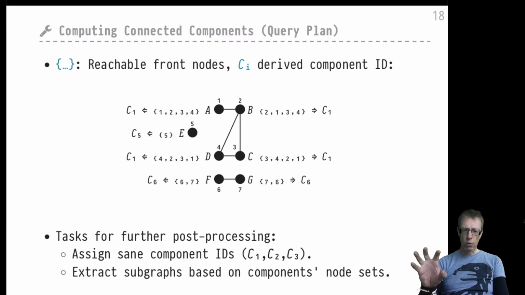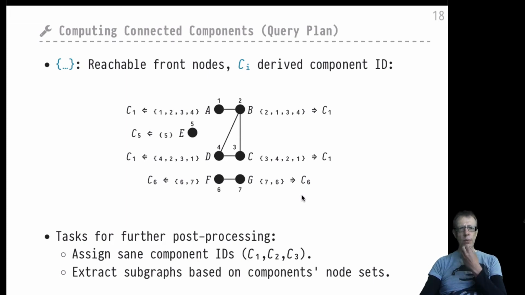The components themselves are mini graphs, subgraphs inside the global graph, and based on these component IDs, on the components' node sets, to be specific, we could easily extract the subgraphs, of course. We will see that as a separate post-processing step when we look at the actual SQL code. All of this could be done once we've assigned the component IDs like described here on the slide.